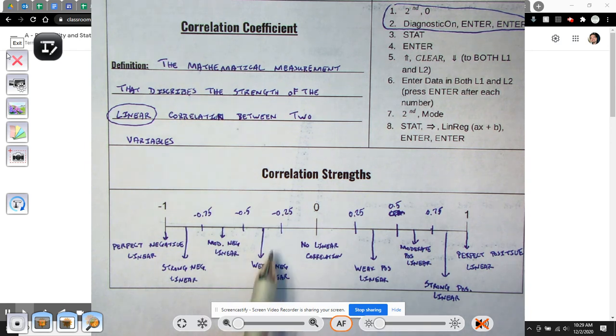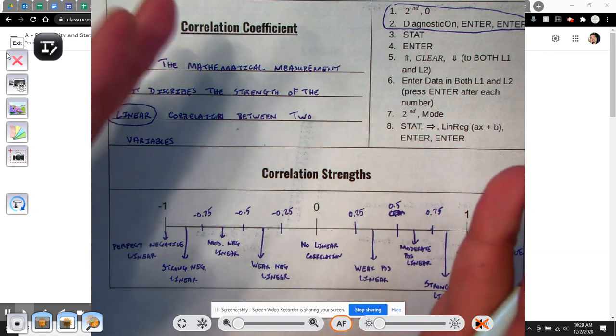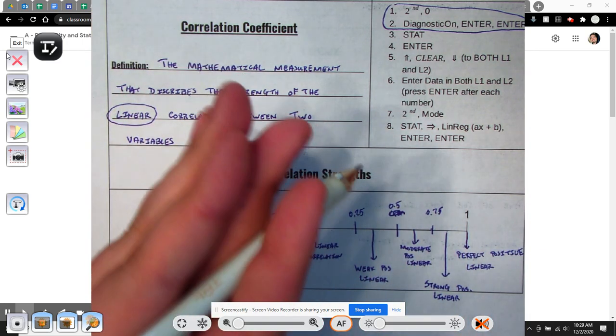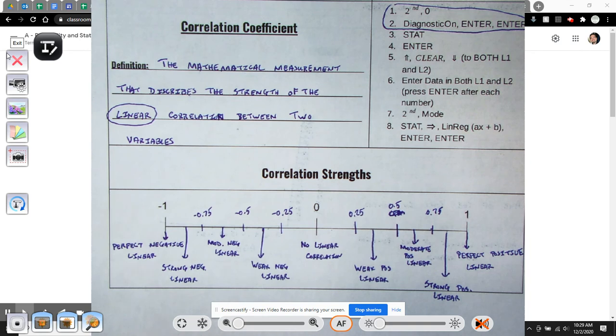If it's between -0.25 and +0.25, so in this range, it is no linear correlation, meaning it is so spread out it doesn't look like it forms a line. So remember, each of these tells you how close these points make a line. So weak is kind of spread out, moderate getting closer, strong getting even closer, and perfect being a perfect line.